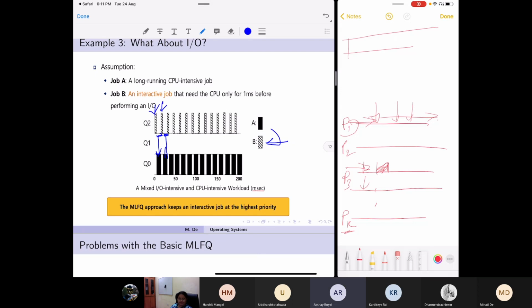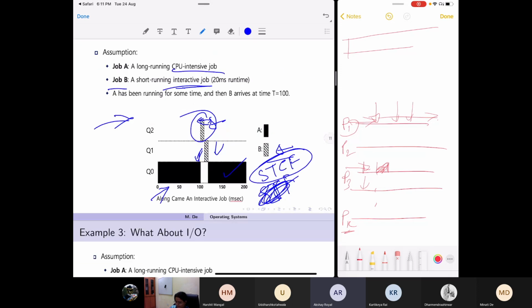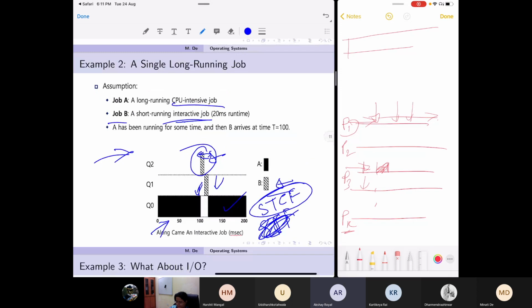Ma'am, I have a question. In the case of job A, when the job is in the top priority queue, we were letting the job complete on its own. There was no concept of a time slice at that time, right? Can you go to the previous page? Right here, yes. So we were allowing the job to complete on its own.